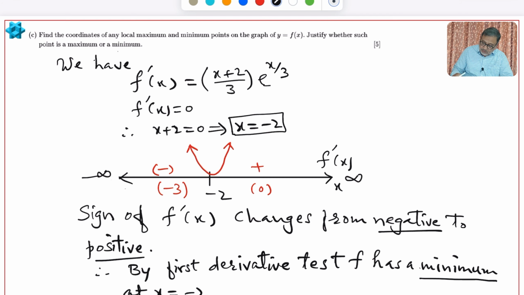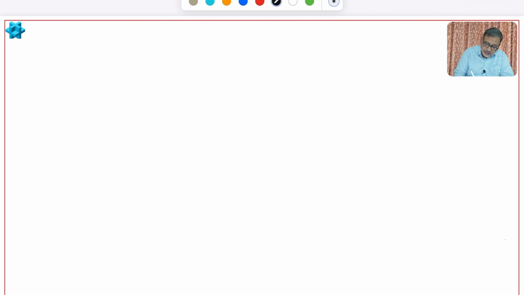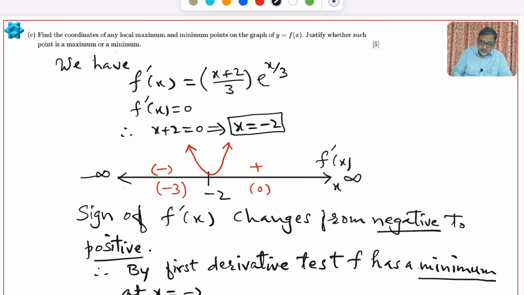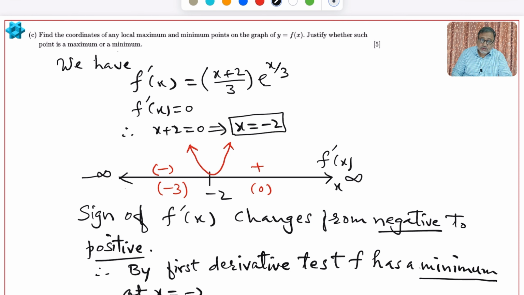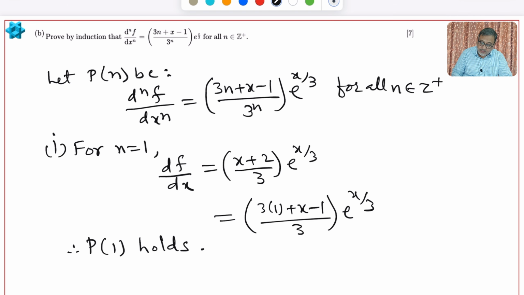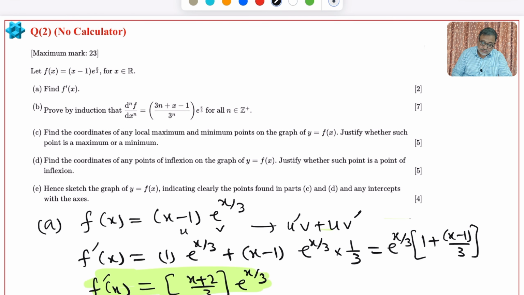So therefore, the y coordinate we will find. Therefore, y is equal to f of negative 2, which will be, oh sorry, yeah.